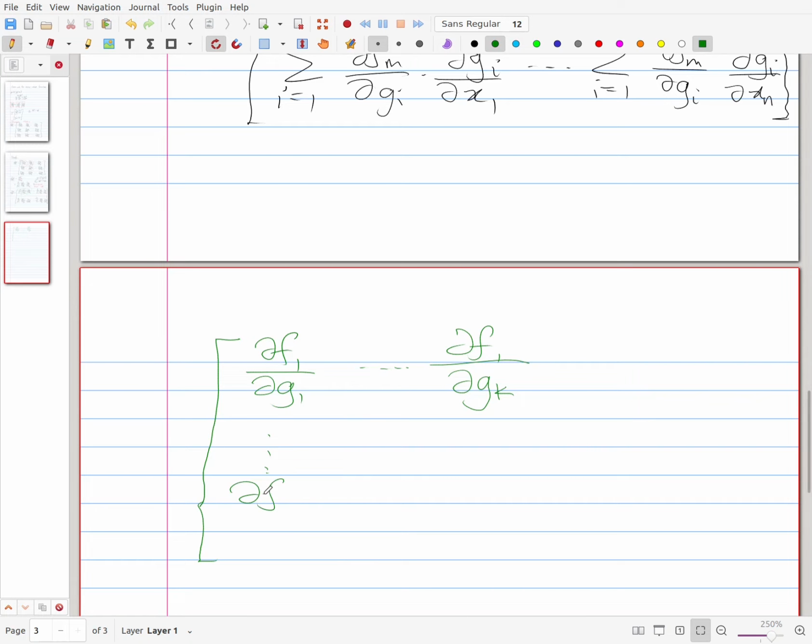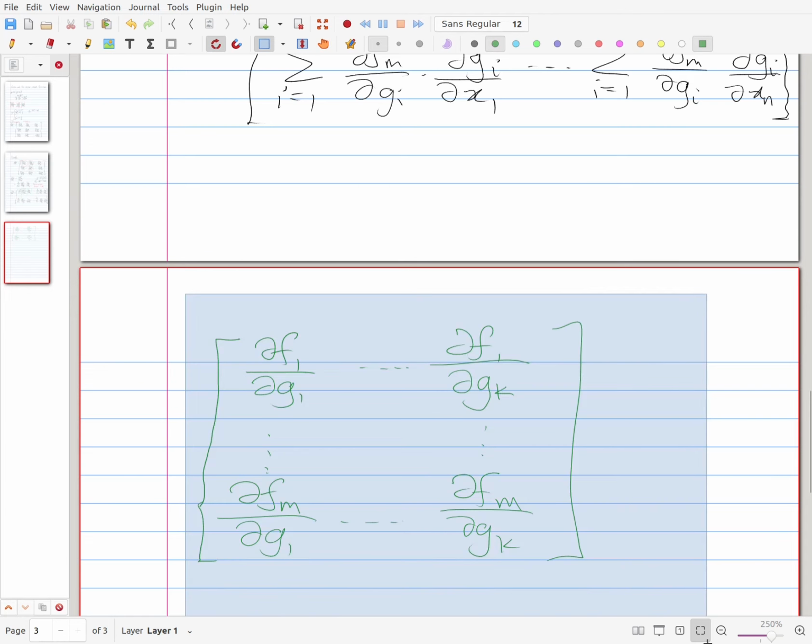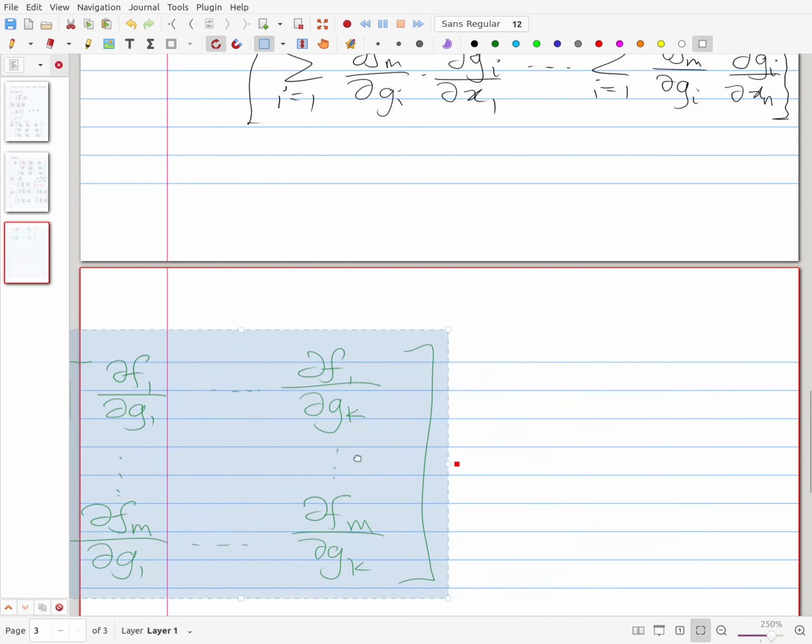So the last row is going to be partial of Fm with respect to G. Like that. And let me move this over a bit, so I have space for the blue matrix.